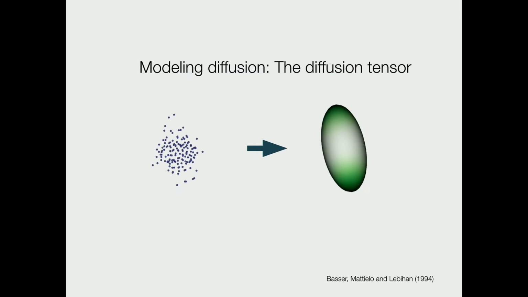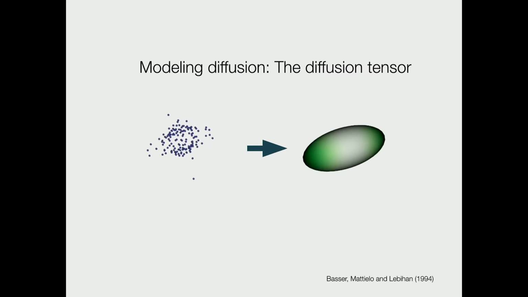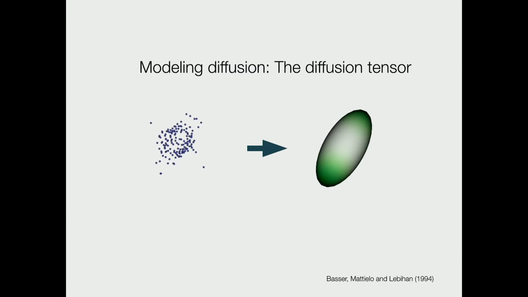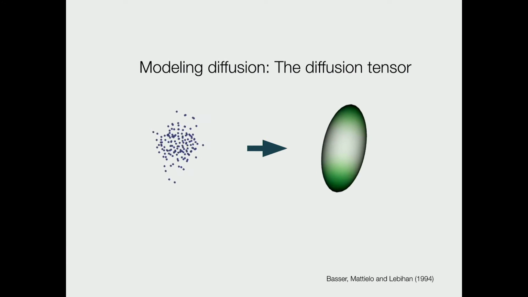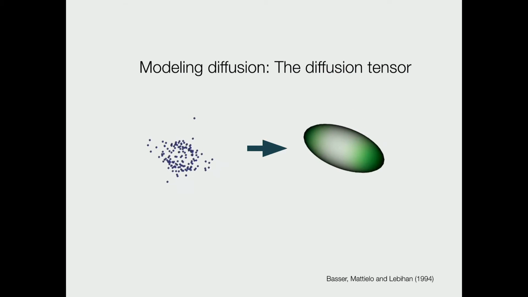It looks a little bit like an ellipsoid. It is an ellipsoid. It's elongated along the axis of the most diffusion in this particular voxel. It tells us which direction there is most diffusion along, and might indicate to us in what direction in that particular voxel there might be a bundle of these axons, one of these big fascicles.